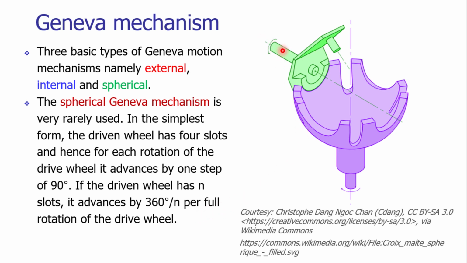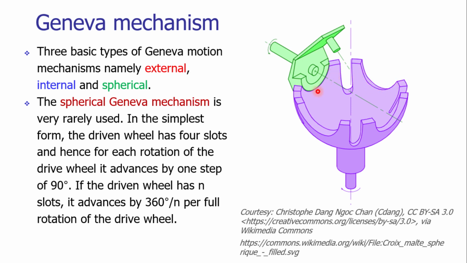Well, on your screen you can see the arrangement of the spherical Geneva mechanism. It is very interesting. This Geneva mechanism is cut, designed on a spherical work part. The engagement of the Geneva mechanism with the driving wheel is due to these surfaces. So these are the surfaces which are cut.